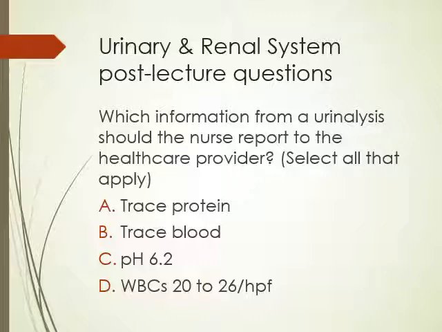So what are the abnormals? The abnormals, trace blood, and the WBCs 20 to 26 per high-powered field, those are too high. pH is within normal limit, and a trace protein could just mean something in their medications.